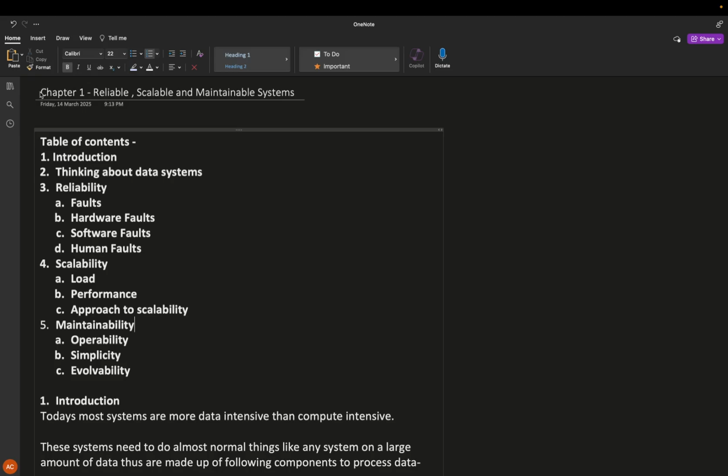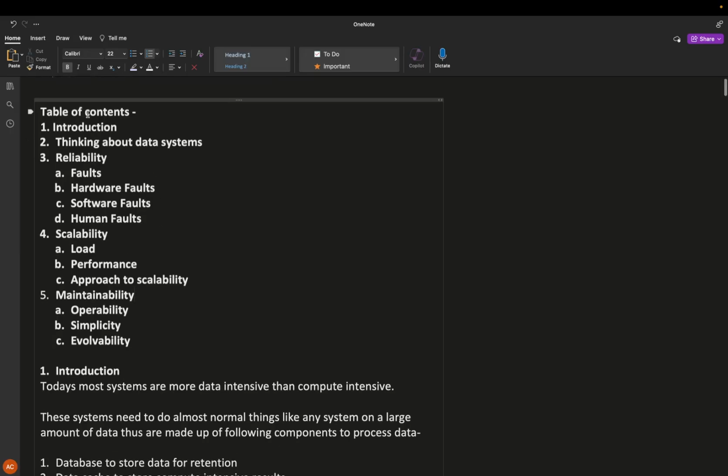What I'm going to cover now is chapter one, which is: what are data systems, and what are some properties of the data systems that we are building? What properties are actually needed in the real world and emphasized when you are building any system? I will be covering that in this chapter, and it will be a very introductory chapter. Going over the table of contents, I will give an introduction and talk about what data systems are.